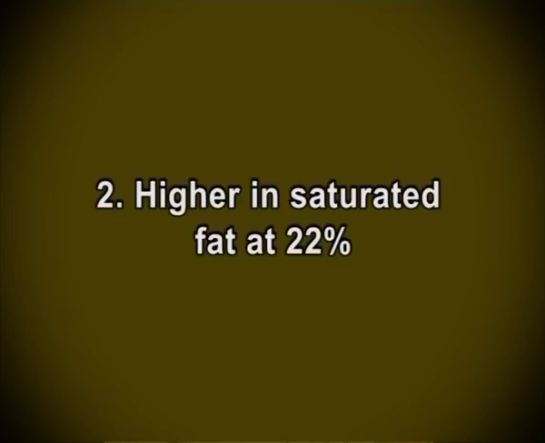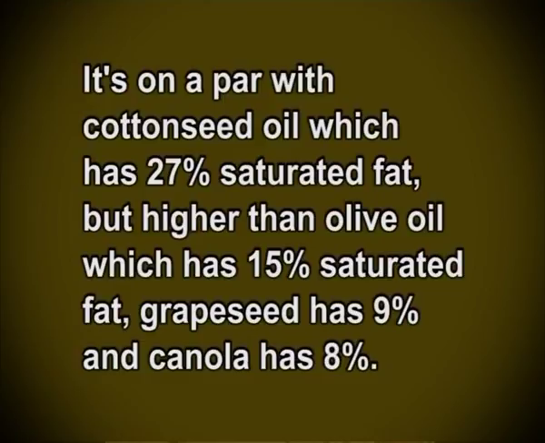Higher in saturated fat at 22%, rice bran oil is at the high end compared to other oils and above the Heart Foundation's criteria. It's on par with cottonseed oil, which has 27% saturated fat, but higher than olive oil, which has 15% saturated fat, grapeseed has 9% and canola has 8%.